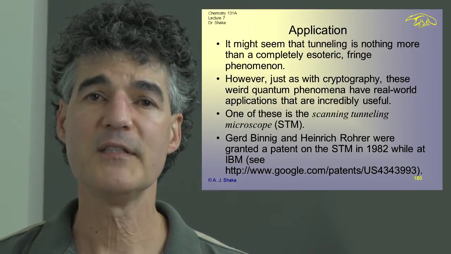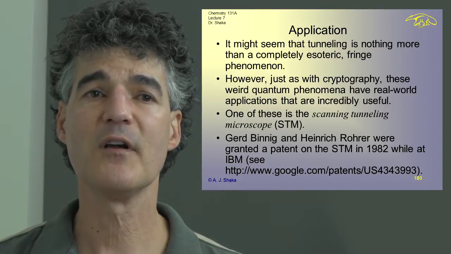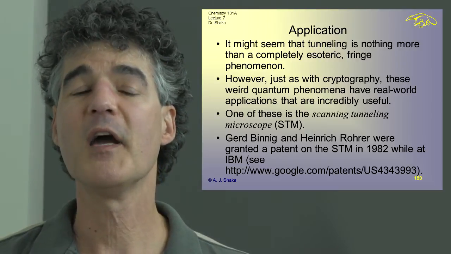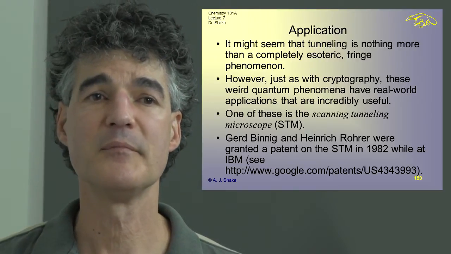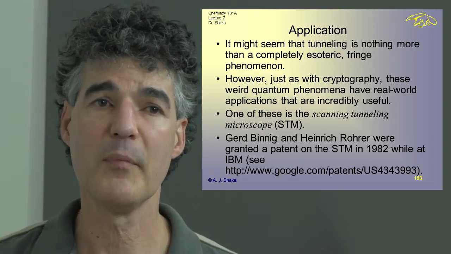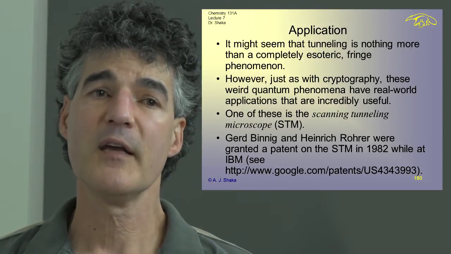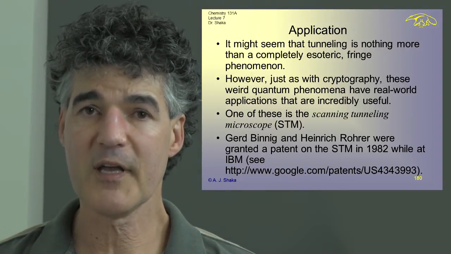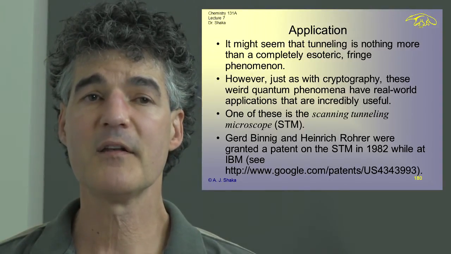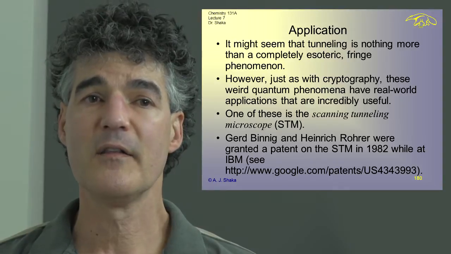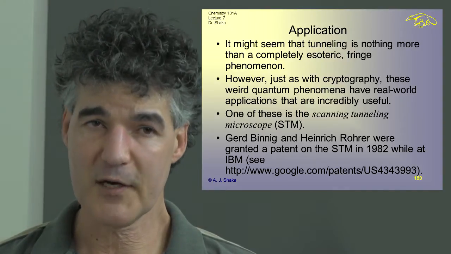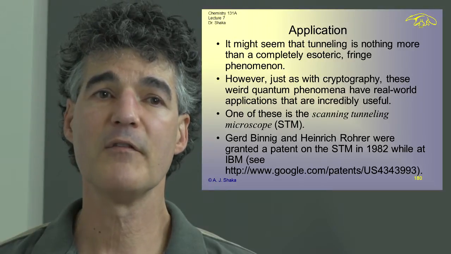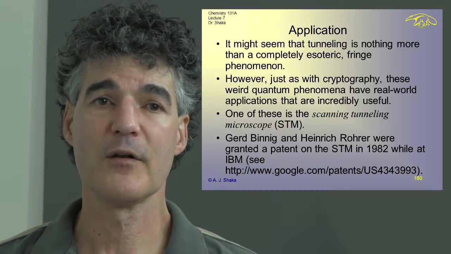And one of these applications of tunneling is the scanning tunneling microscope, or the STM, sometimes called scanning probe. It was Gerd Binnig and Heinrich Rohrer when they were working at IBM. They were granted a patent on the scanning tunneling microscope in 1982 while they were at IBM, and I've given you a reference here on Google.